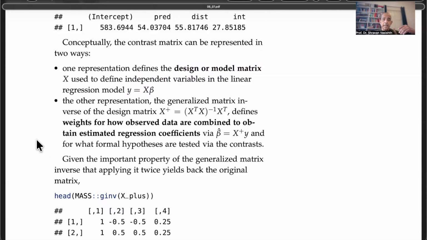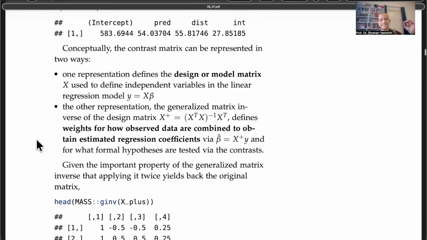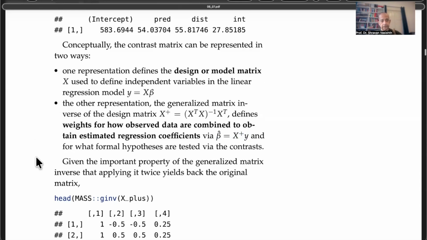What the X plus matrix does is define the weights for how the observed data are combined to obtain estimated regression coefficients. So this is the equation just rewritten in terms of the generalized matrix inverse, and this X plus will be critical for us when we are defining contrasts, as I will explain later, okay?